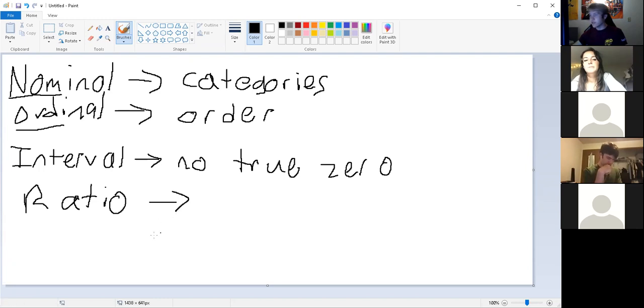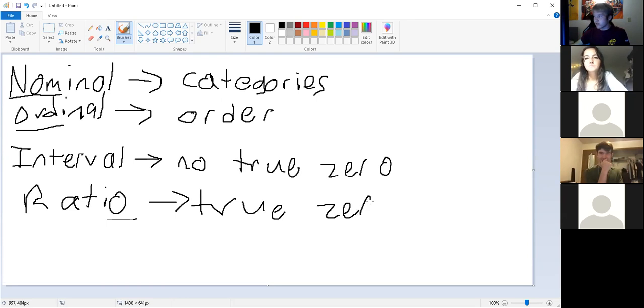And then this one has a true 0. The easiest way I would say is this one has an O in it, and O is like 0, just to really easily remember that. True 0. So that's the simple thing there. Does anyone have any questions regarding those?